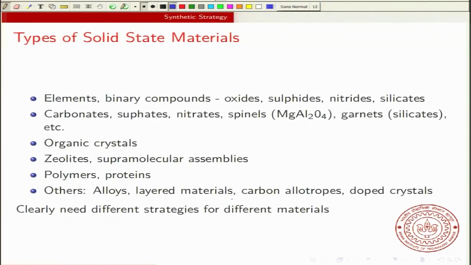You could have layered materials where you have one crystal deposited on top of another. You could have allotropes of carbon. You could have crystals that are intentionally doped. Okay. So, it is clear that each of these would require a completely different method of synthesis. For example, typically oxides are synthesized using solid state synthesis.